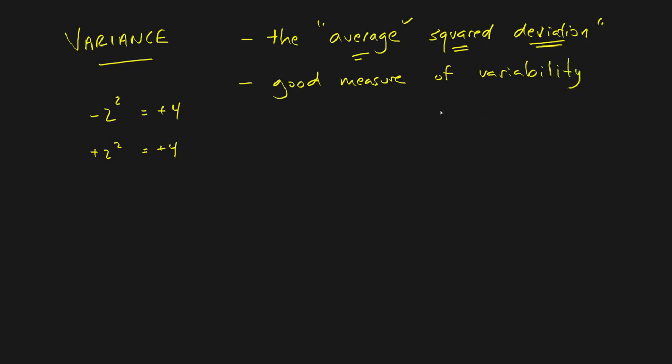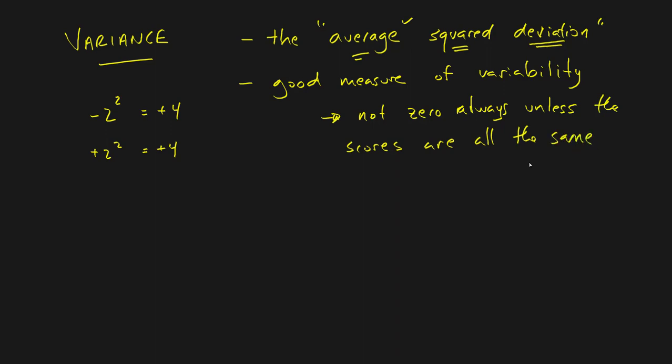The reason for that is it's not going to be 0 always, unless the scores truly are constant, truly have no variability. So unless the scores are all the same. So if you do get a 0, it means that you're actually witnessing a data set with 0 variation.